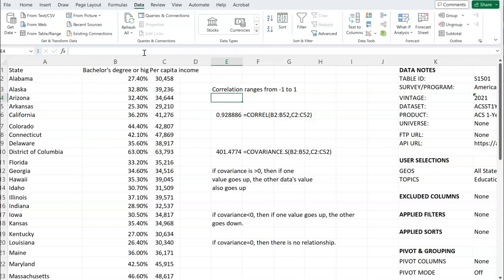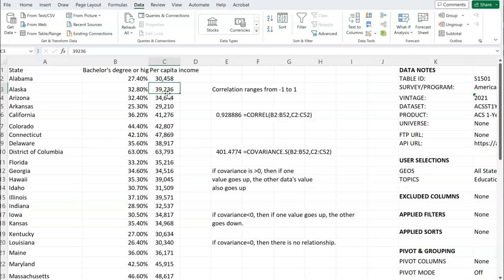If the bachelor's degree or higher column goes up by 1 unit, per capita income goes up by exactly 1 unit. So they are correlated at the level of 1. If correlation is -1, they go in opposite directions. If one goes up by 1 unit, the other goes down by 1 unit. And a correlation of 0 means there is no relationship.